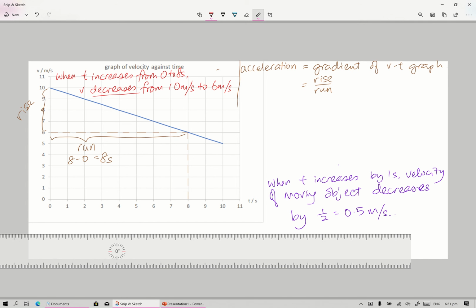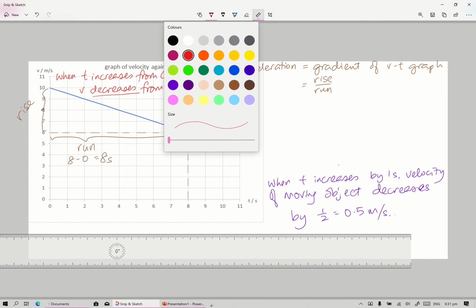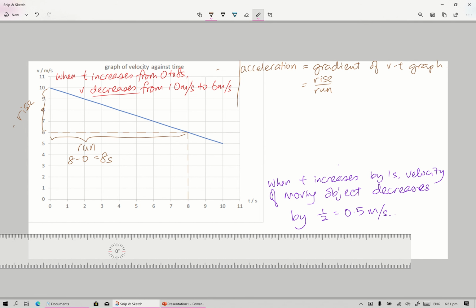So your final velocity is 6 meters per second. Your initial velocity is 10 meters per second. So your rise actually is 6 minus 10. So this is your rise. 6 minus 10 equals minus 4 meters per second.